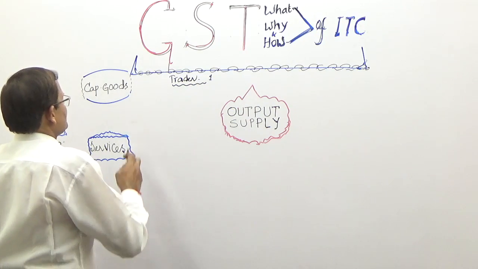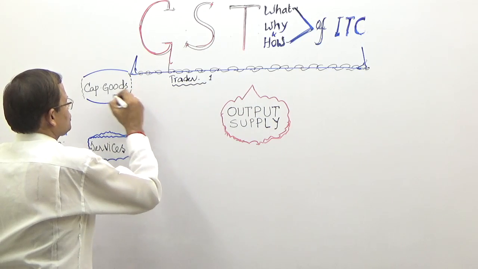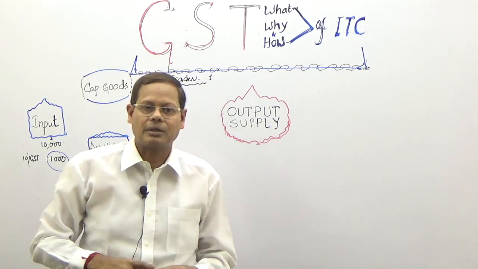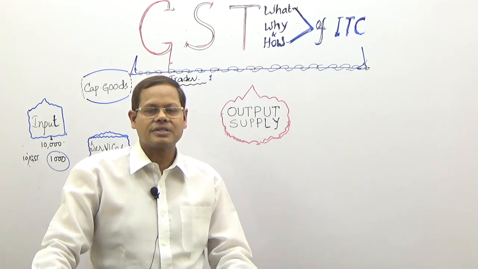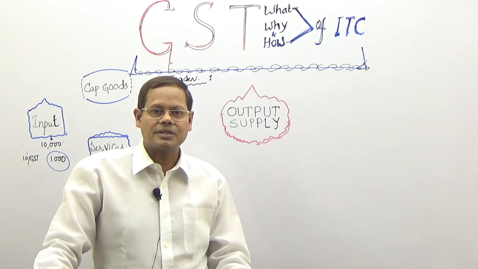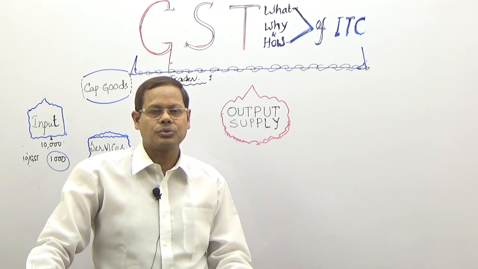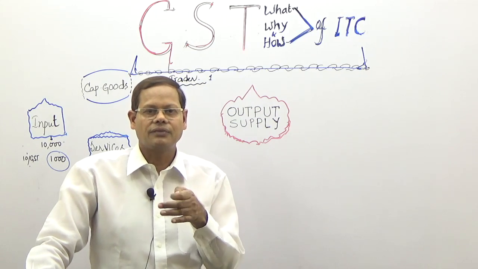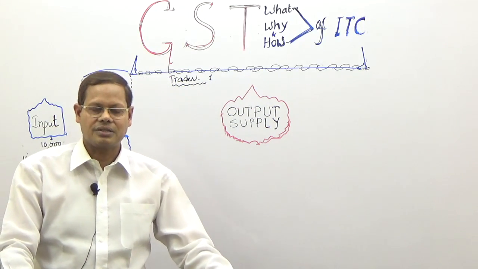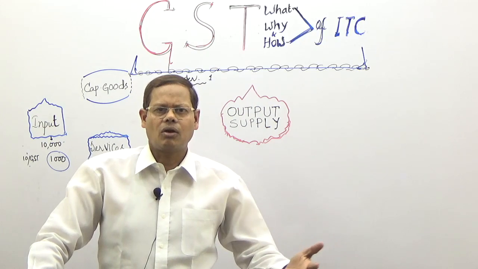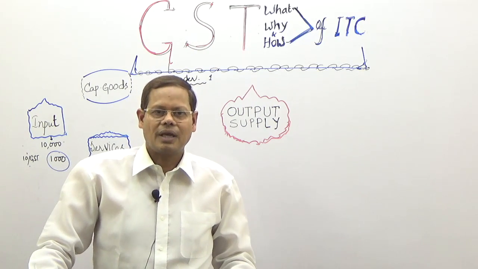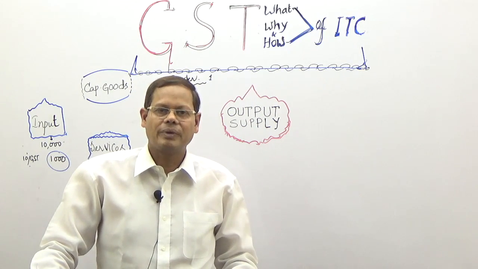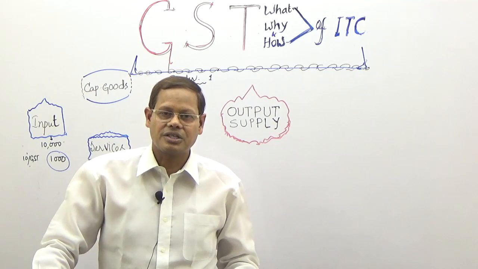And again, he has some furniture, showcase, etc. He got some capital goods. So, what is capital goods? Very simple. Whatever you capitalize in your books of accounts and which you use in the course of or in furtherance of your business, if you look at GST. So, a trader normally has some setup, capital goods, some equipment, maybe sometimes air conditioning.